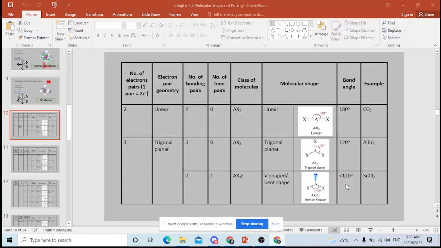Why is it less than? If you look at the trigonal planar here, but now it is replaced with lone pairs. Why is this angle less than 120 degrees?